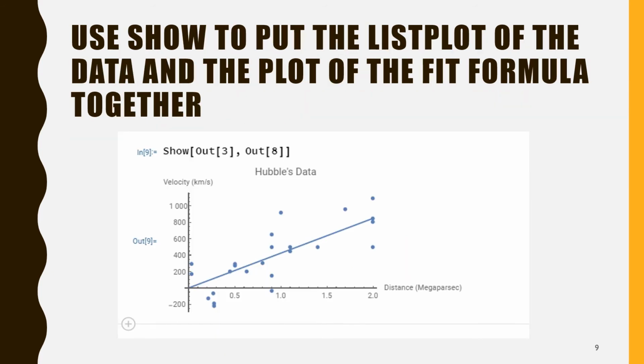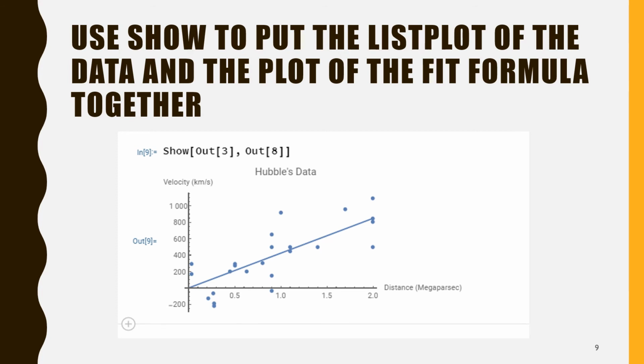The method Show can be used to put visual things together. So we are saying Show[Out[3], Out[8]], so we are showing two things combined into one plot.